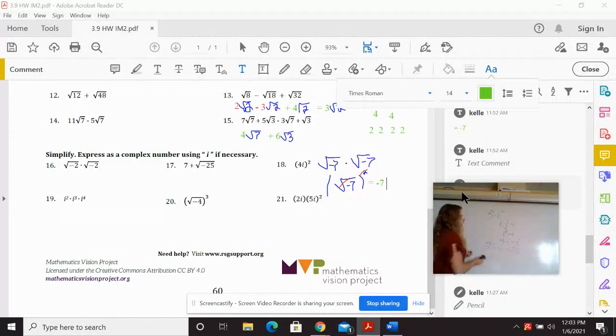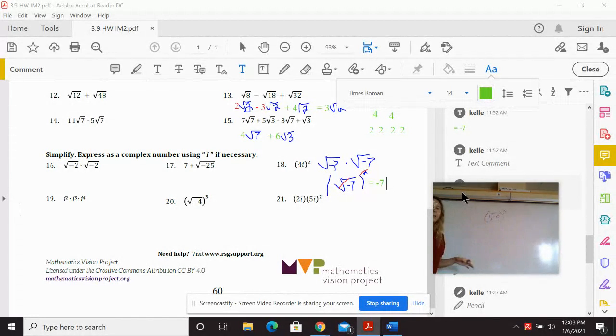Another way, if you like this way or the way before, leave. But another way. It was the square root of negative 9 cubed.